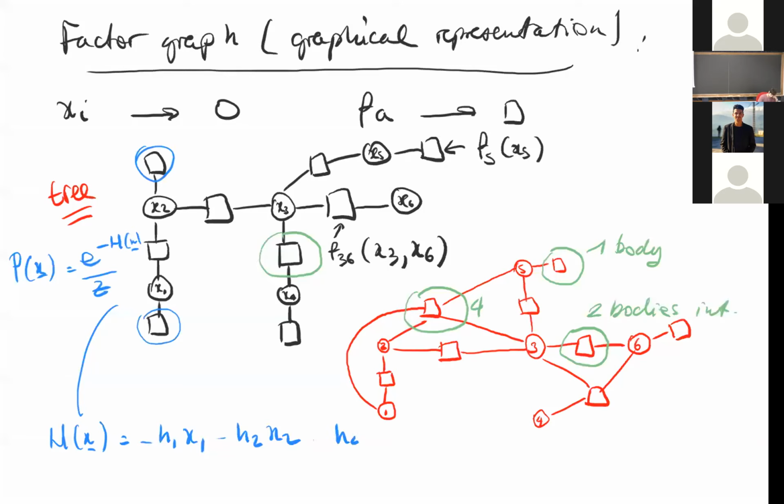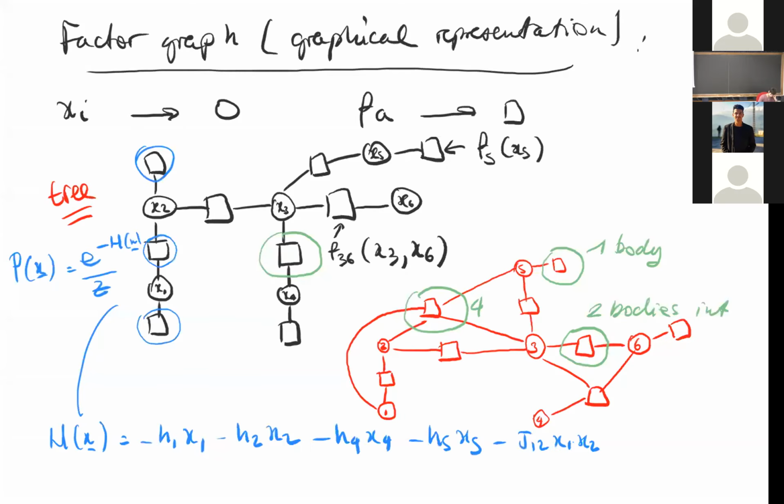Then I put a minus h4 x4, minus h5 x5. Then we have two-body interactions here between x1 and x2, so this is the minus J12 x1 x2. Minus J23 x2 x3. Minus J34 x3 x4. And so on and so forth. This is an Ising model.